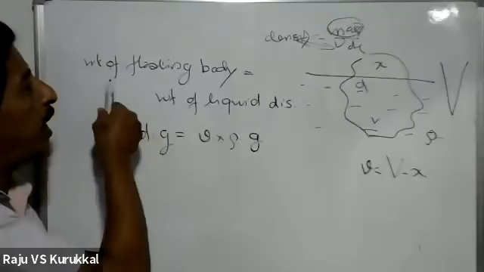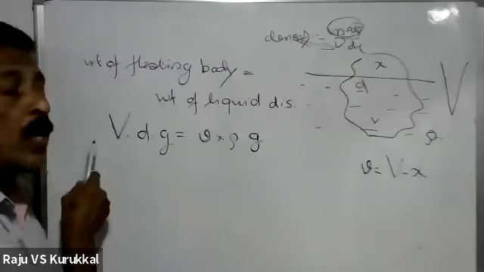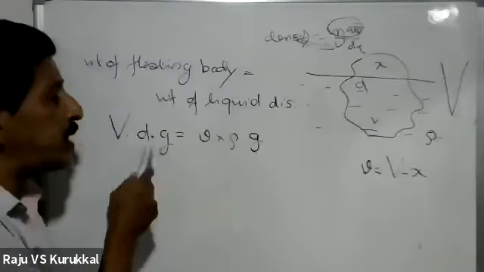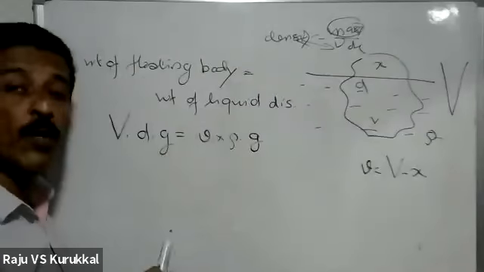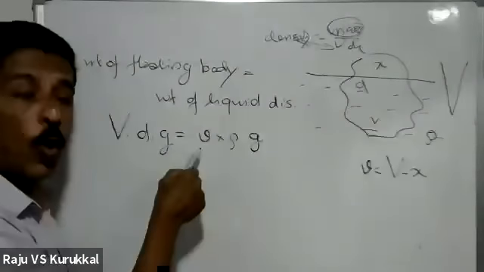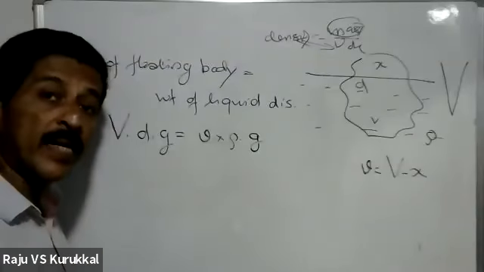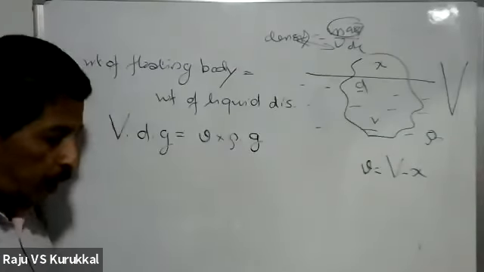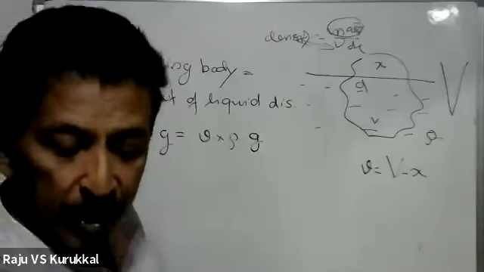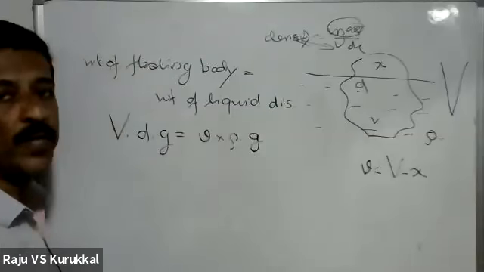Weight of the floating body is equal to volume of the floating body into density into gravity, and weight of liquid displaced is equal to volume of the substance submerged in the liquid into density into gravity.